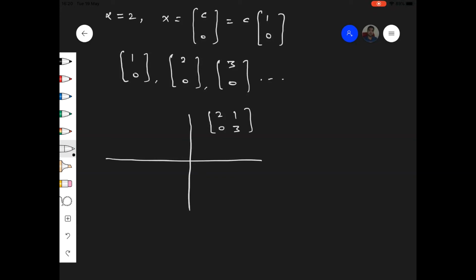So let's try to understand. We have drawn a Cartesian coordinate system, and here we'll try to learn the impact of this chosen matrix A, which is 2 1 0 3, if I multiply it with any point lying in this Cartesian coordinate system.